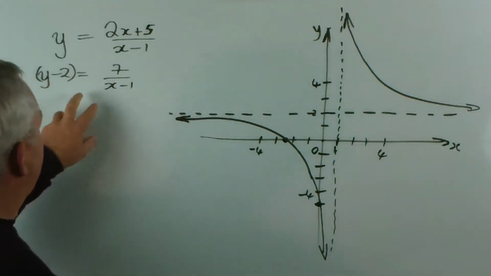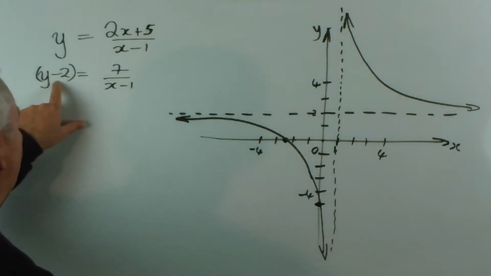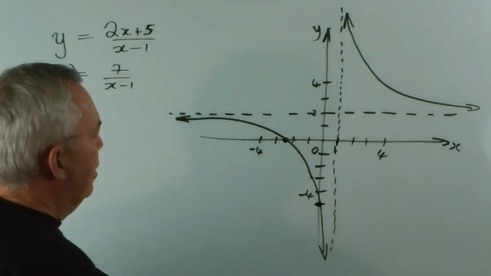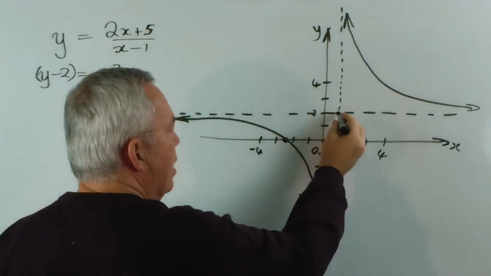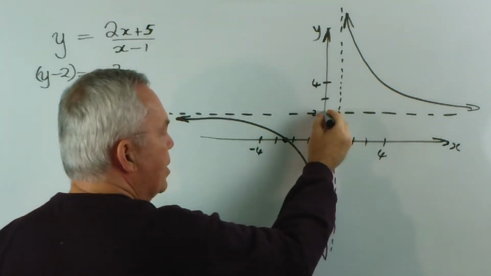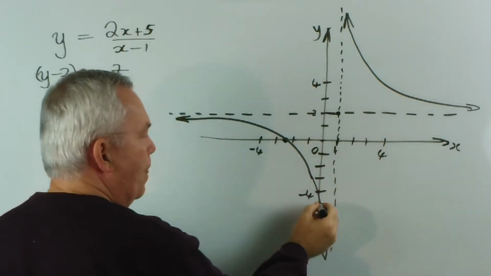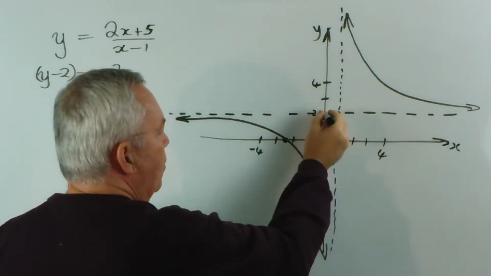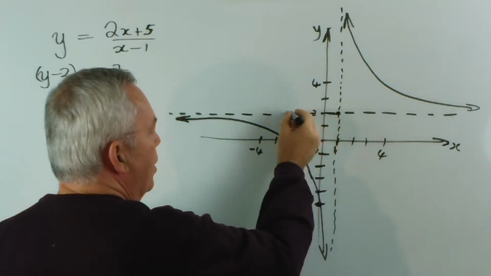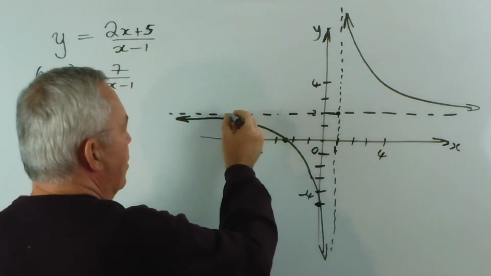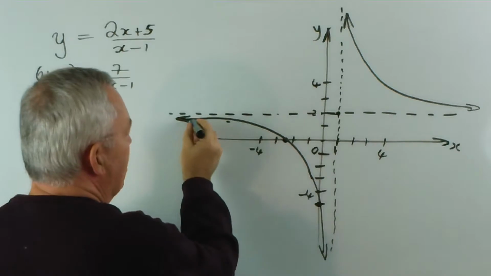If I was to point out that this multiplied by this would have to give 7, you can start to see why from the centre here, if I go back 1, I go down 7. 1, 2, 3, 4, 5, 6, 7. Or I go back 1, 2, 3, 4, 5, 6, 7 and down 1. So I've probably drawn that a little bit high there.